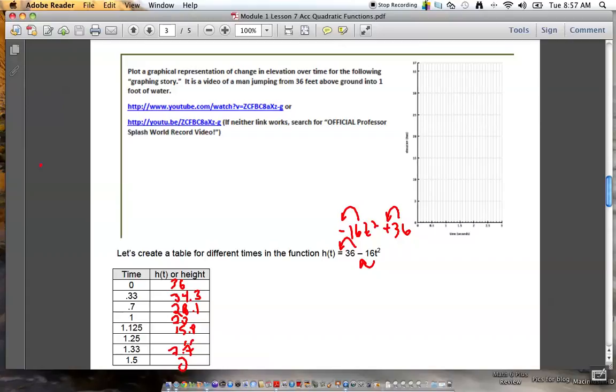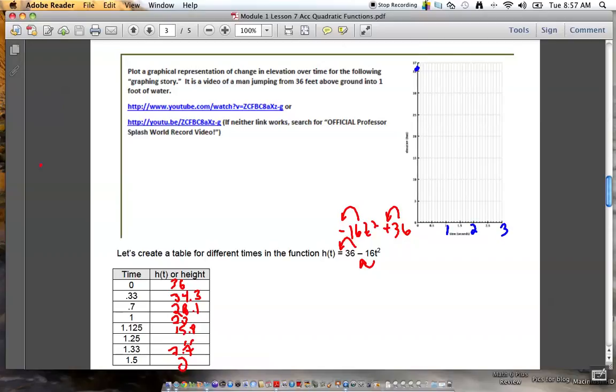So now, time to graph. Ready? 10, 20, 30, 35, so 36 is right here. So at time 0, we're at 36. At 1/3 of a second, this is a half a second here, this is 1 second, this is 2 seconds, 3 seconds.